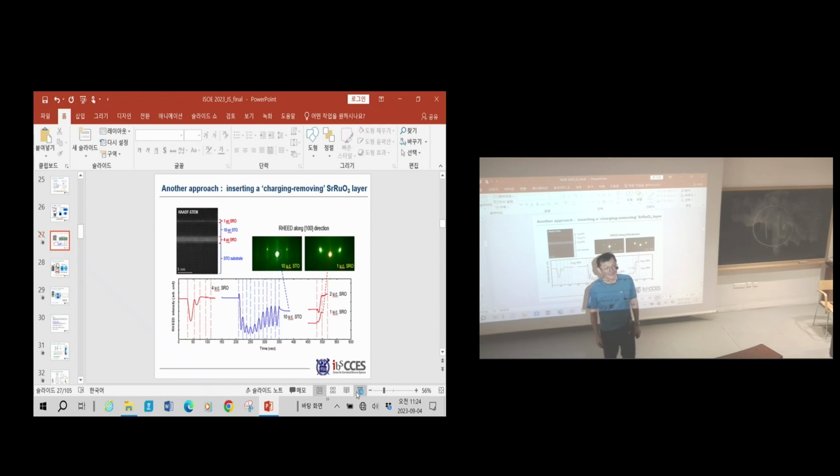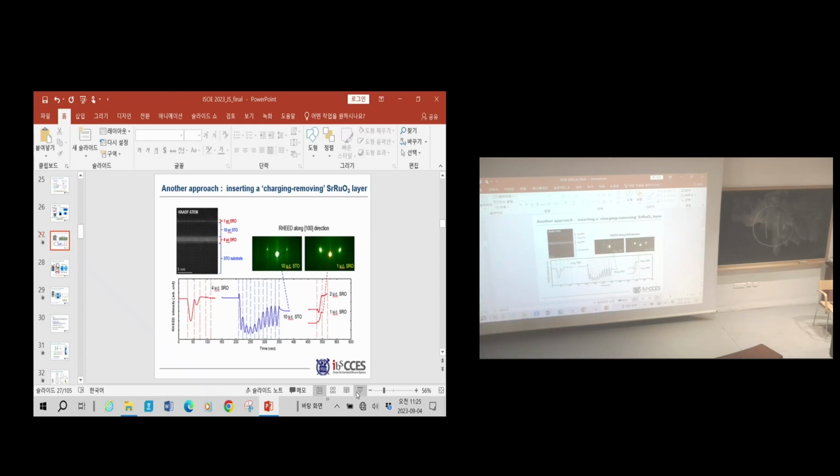Okay. From the bottom layer. Okay. So here we have the photoemission setup.